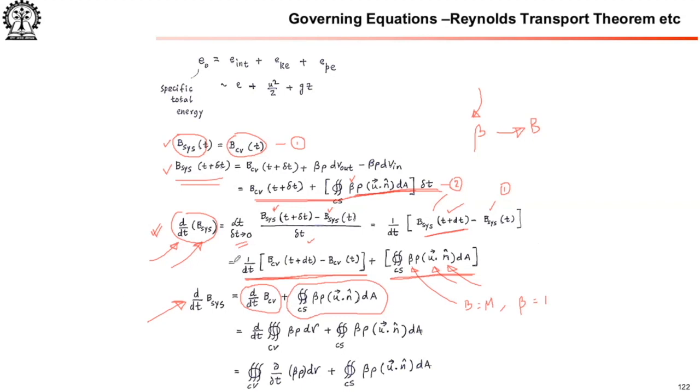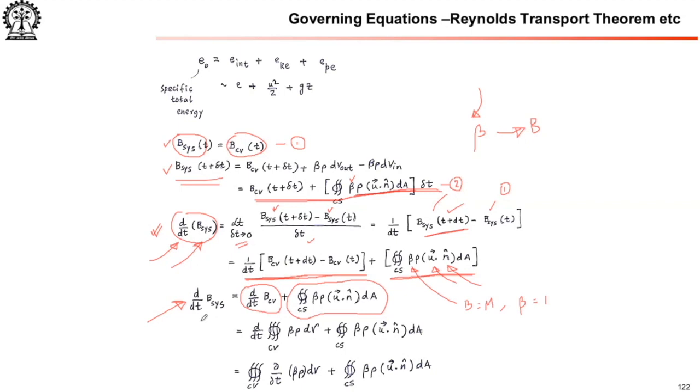So if your B is momentum, the change of momentum of the system is given by the forces acting on this system on the left hand side, and on the right hand side this change of momentum can be evaluated. The system can be infinitesimal, as we have seen in the governing equations in differential form for momentum and energy. However, here we are considering a finite volume.